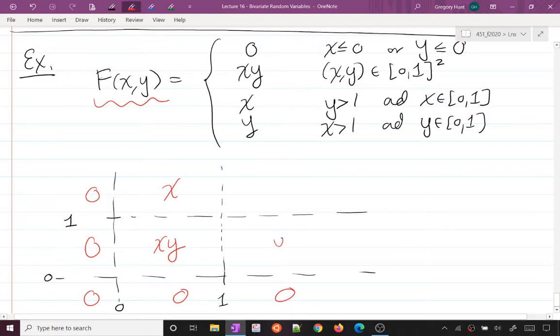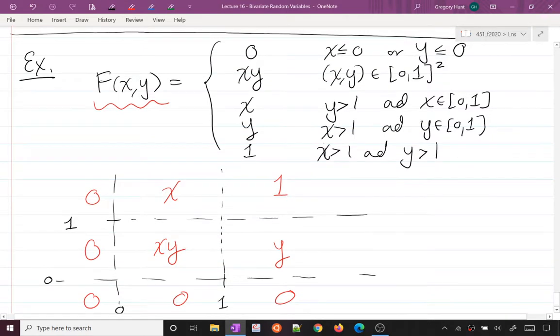So that's there. And it's going to take on the value 1 up there, if x is bigger than 1 and y is bigger than 1. So that's an example of a joint CDF.